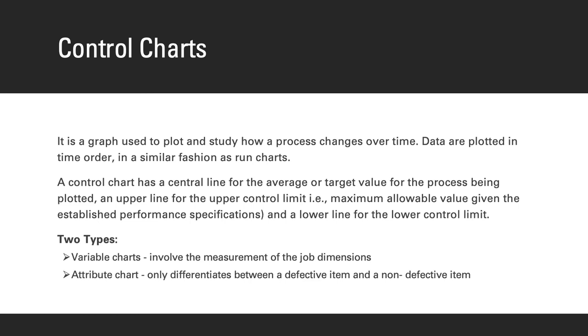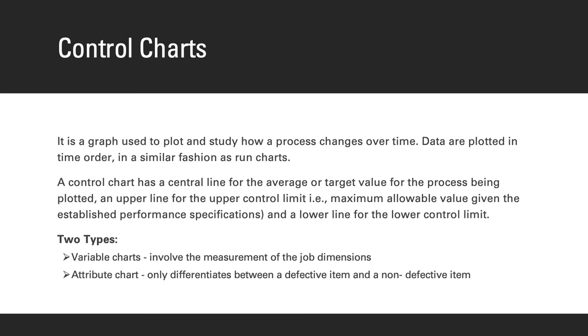Control chart, it is a graph used to plot and study how a process changes over time. So, this graph, as you can see, most likely the x-axis would be represented by the time period. No, you want to see the process kung if it is improving or not over a time period.